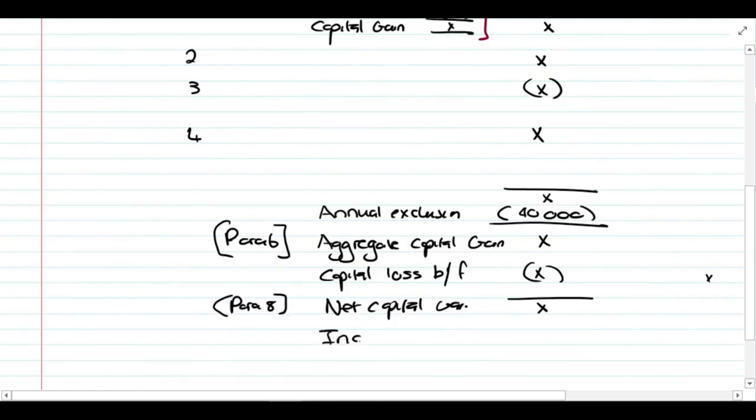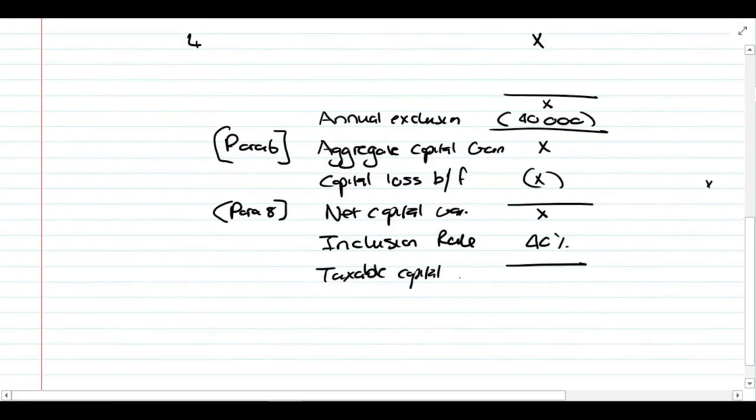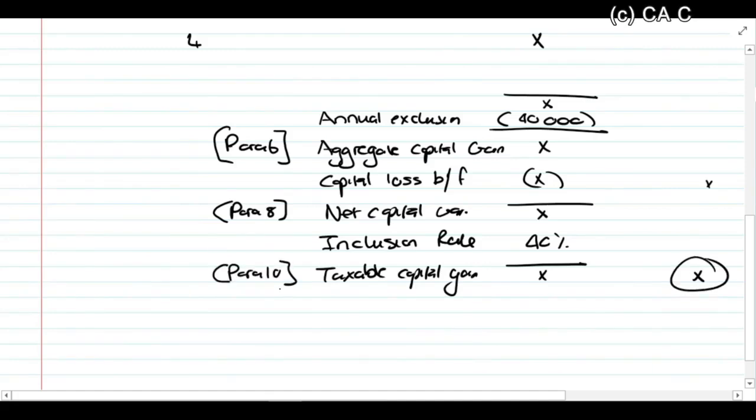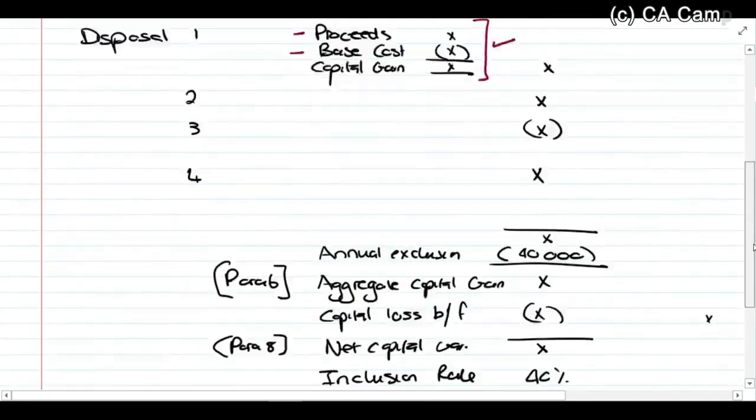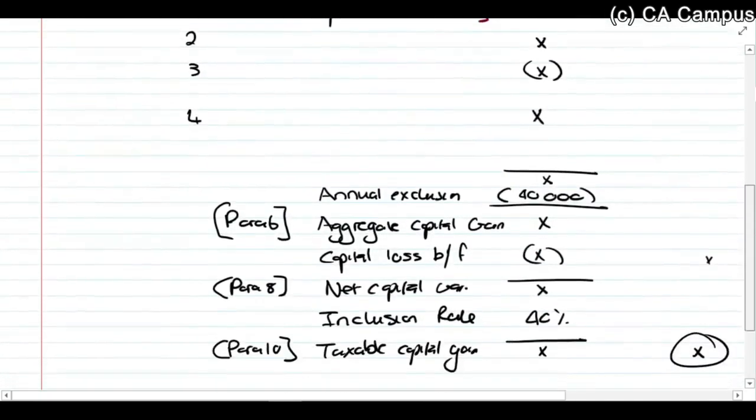And then we have our inclusion rate, which gives us our taxable capital gain. That is the amount that goes into our rand column. Paragraph 10 tells us that. So unless they specifically tell you not to talk about it, you will talk about this.